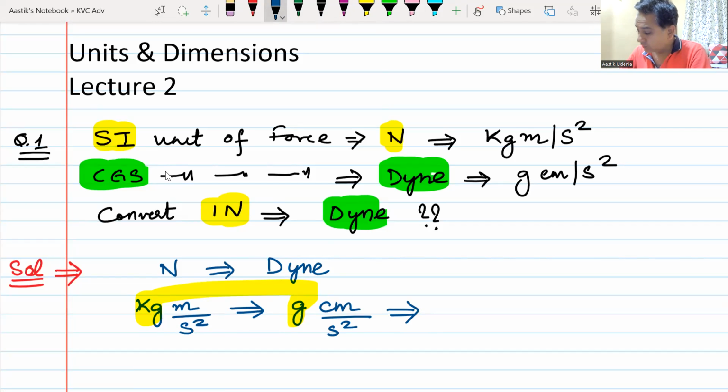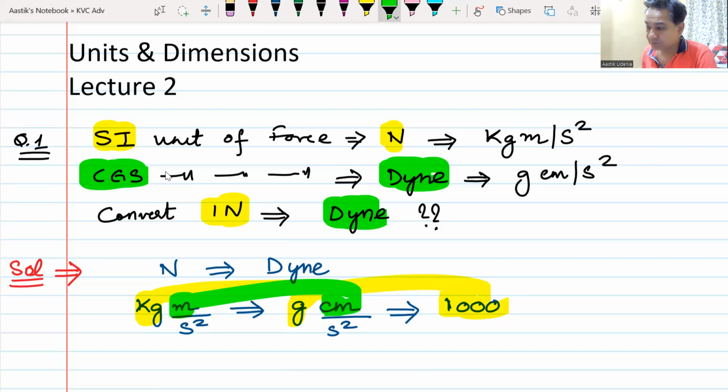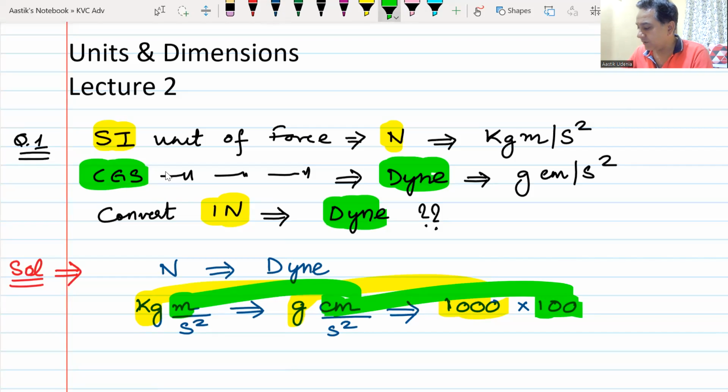You multiply 1 kg, which will be equal to 1000 grams. So this is how you have converted kg into grams. Then the next thing that you do, my dear friend, is to convert meters into centimeters. How do you convert meter into centimeter? 1 meter is 100 centimeters. So this is how it's converted from meter to centimeters.